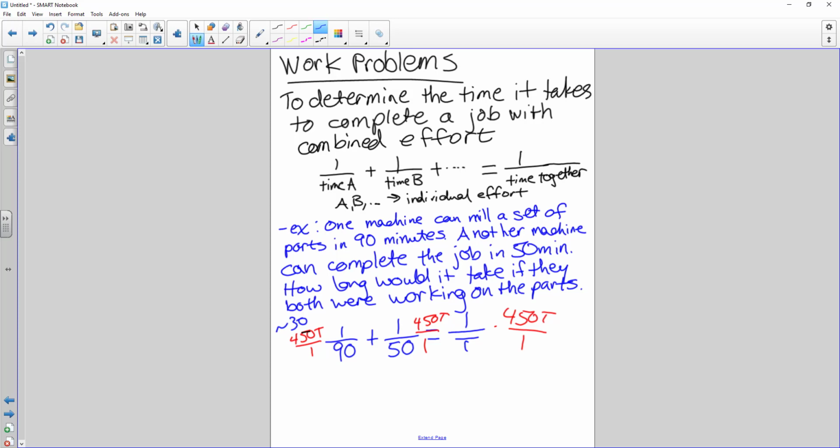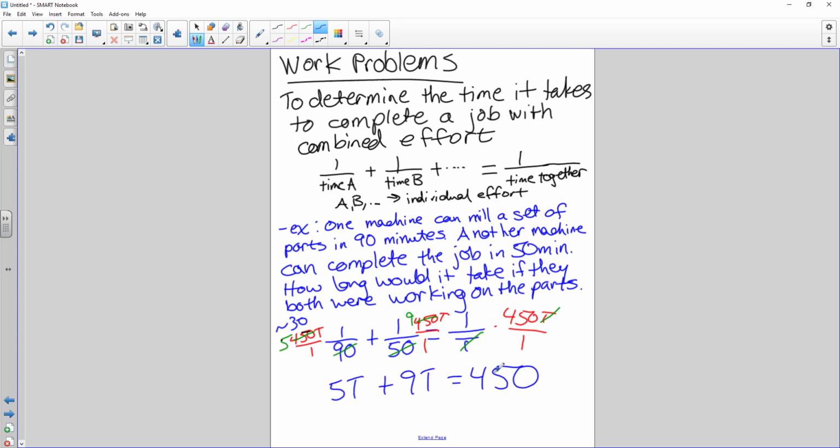Okay, so when I do my reducing, 450 divided by 90, I'm going to be left with 5. 450 divided by 50, I'll be left with 9. And then the t's will cancel on the last one. So I'll be left with 5t plus 9t equals 450.